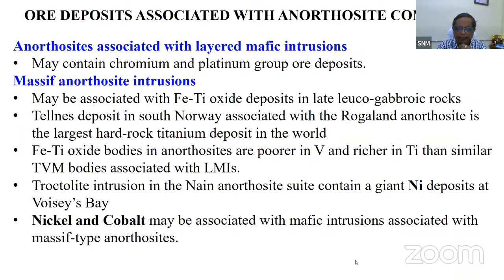And the Nain anorthosite suite in Norway is the best example where nickel is associated with troctolite. Nickel and cobalt are possible. If somebody works in the future and looks at the mafic rocks, they must look at the nickel and cobalt concentration of such mafic, gabbroic or noritic rocks that are associated with the anorthosites.